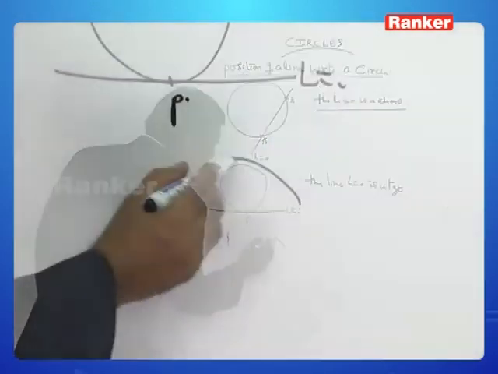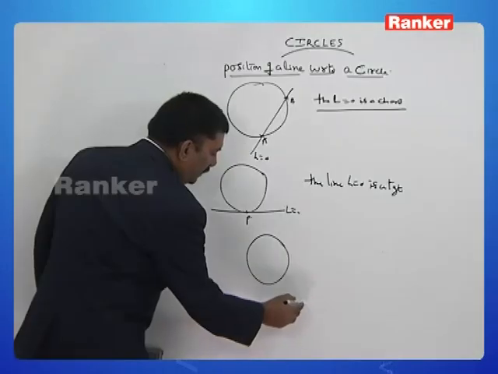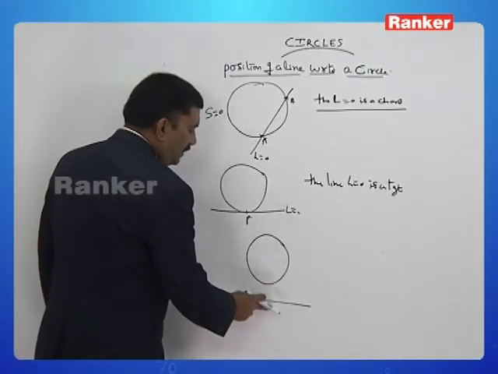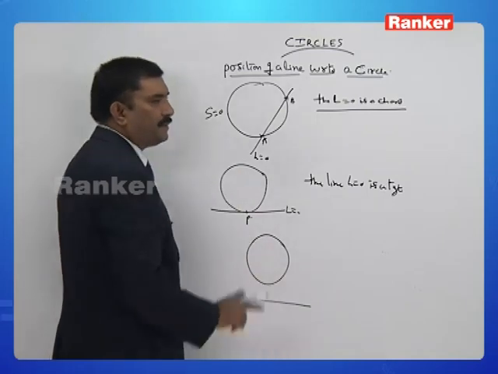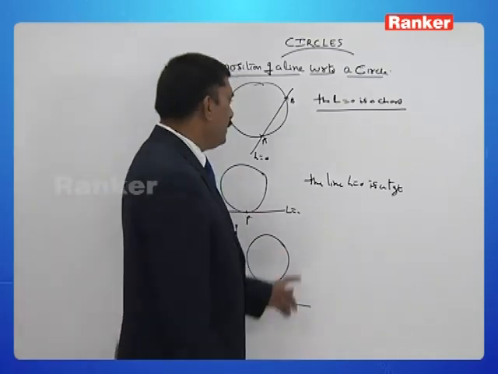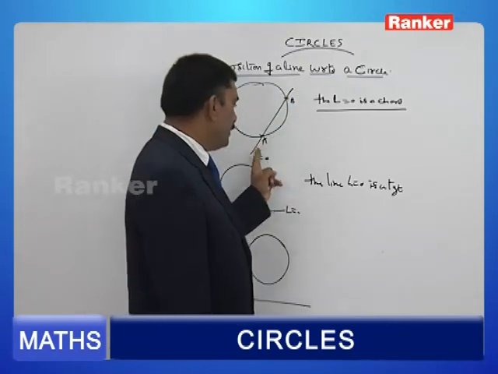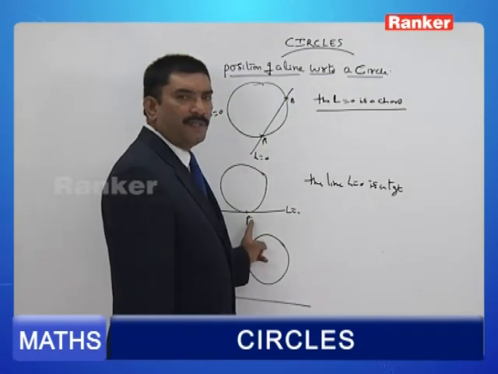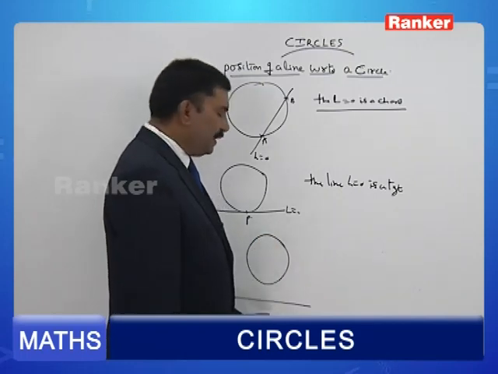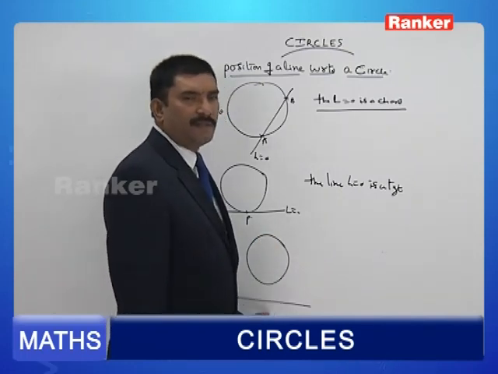Next, when the line neither touches nor intersects the circle. So therefore these are the positions. When it cuts in 2 points, then it is a chord. When it touches at 1 point, then it is a tangent. Now this is neither touches nor intersects.